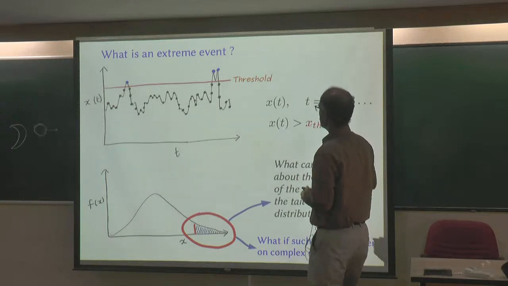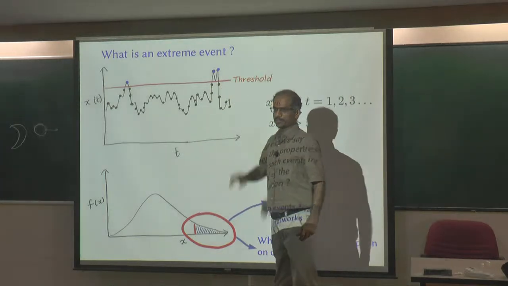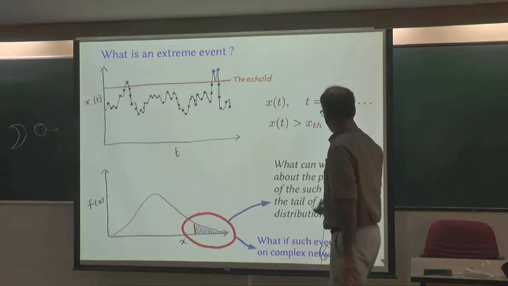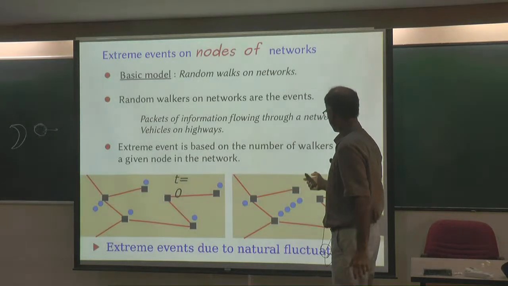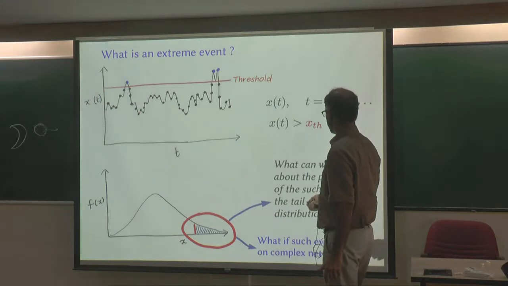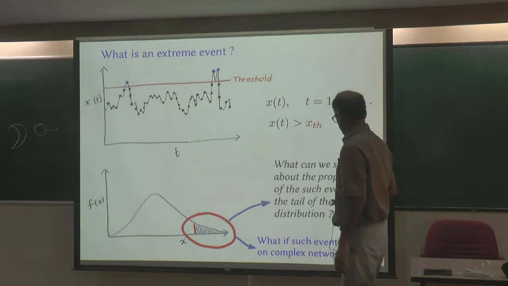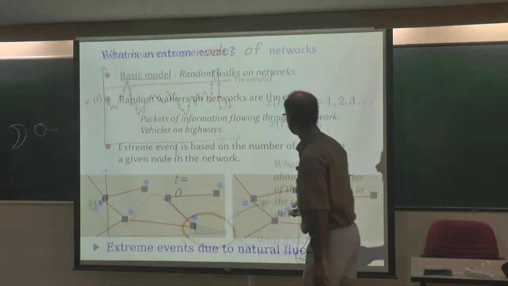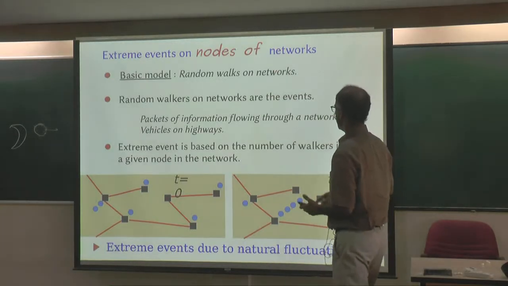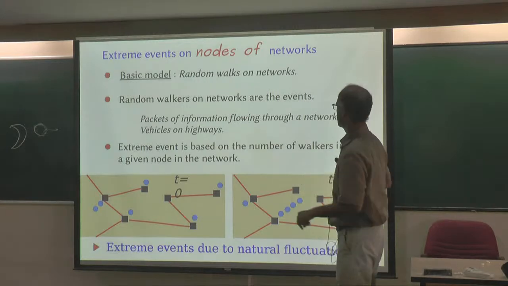The second is, again, going back to the scenario of extreme events. You could ask the question, what if these events are actually happening on a network? What can I say about such a case? So here, let me explain the basic scenario.